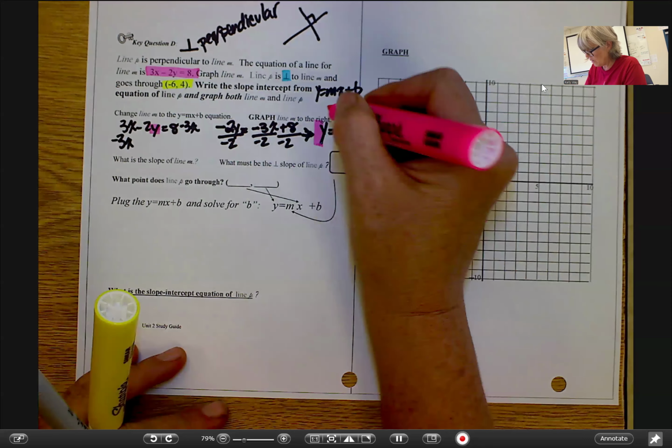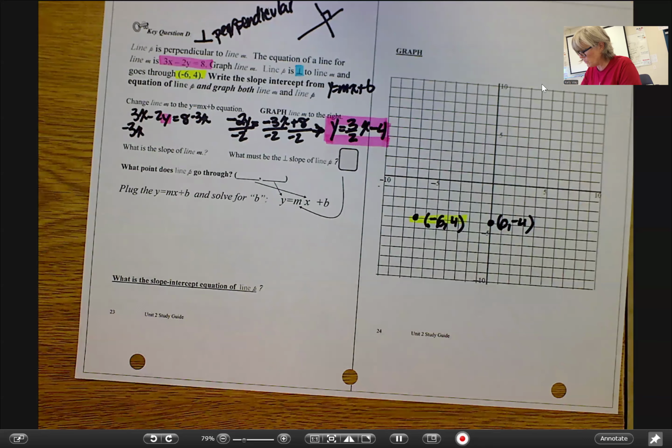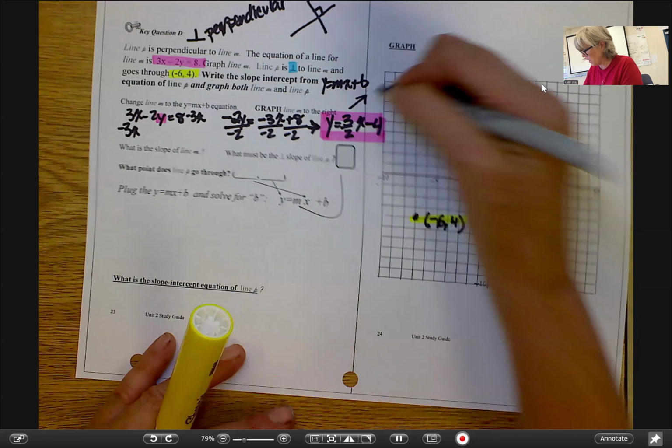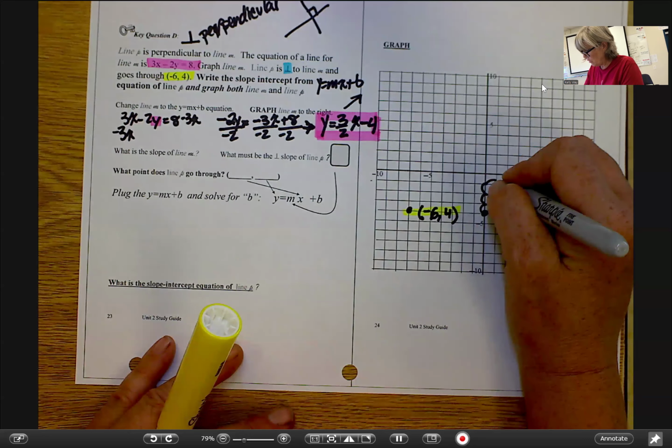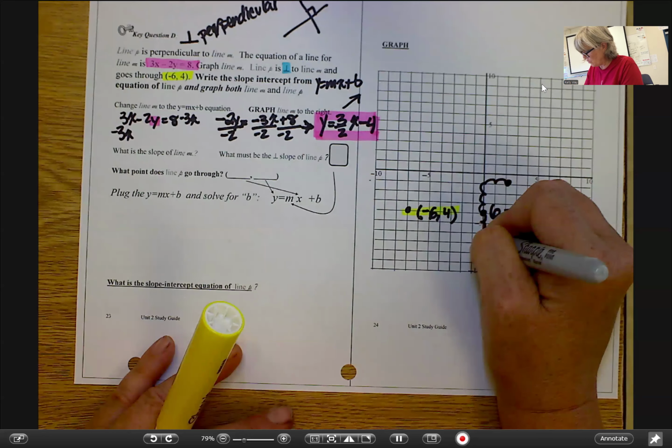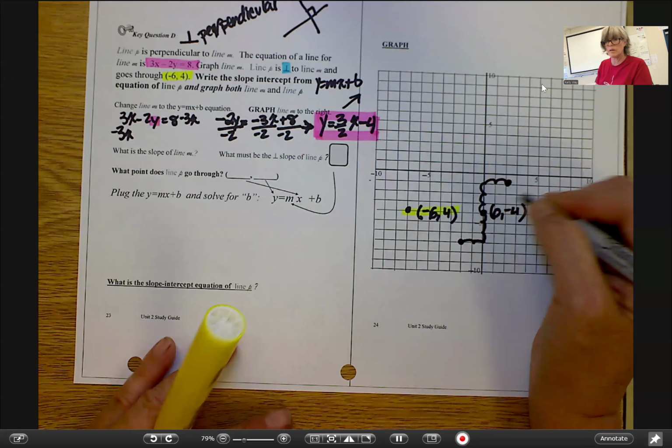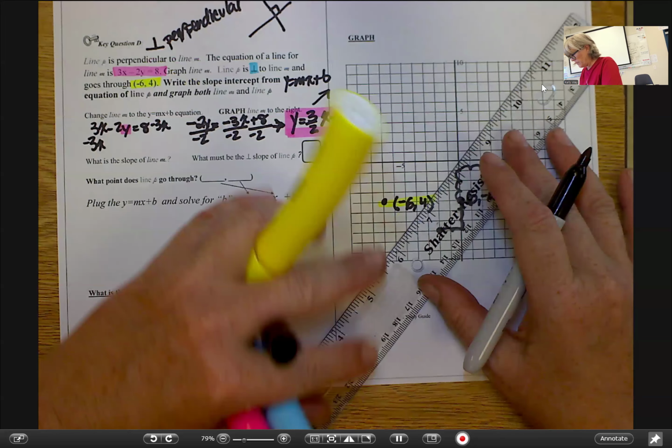So negative 1, 2, 3, 4. And our slope is positive, goes up from left to right. So up 3 over 2, down 3 over 2 this way would also work.